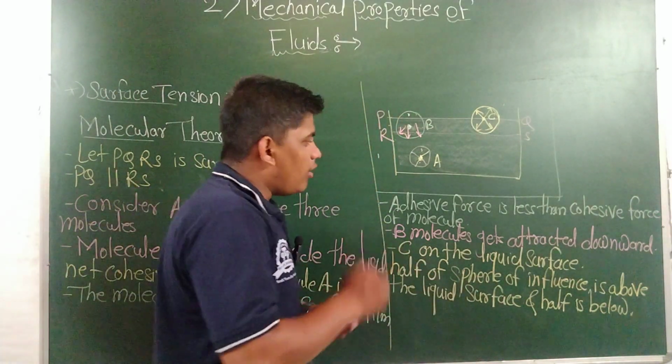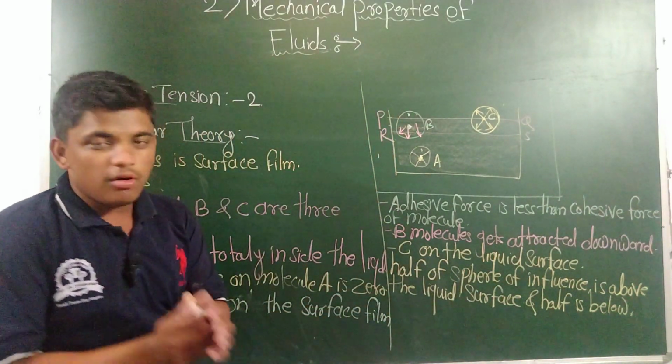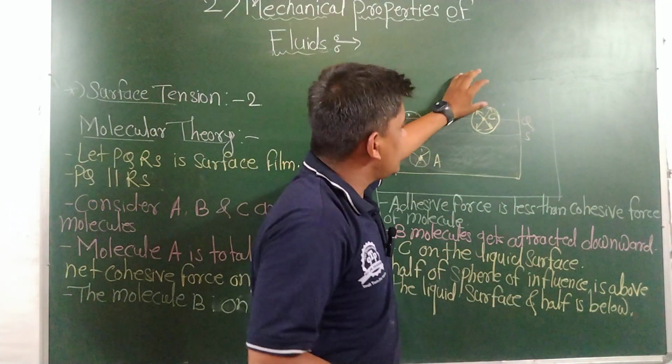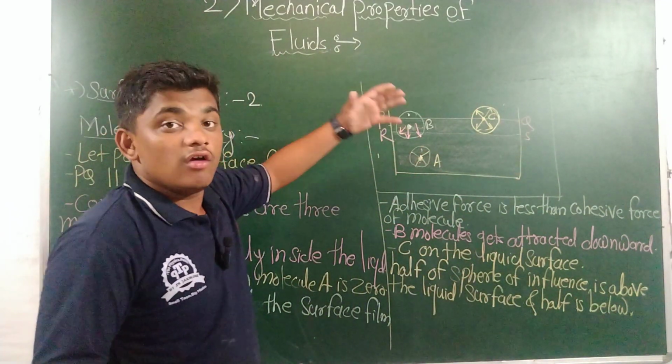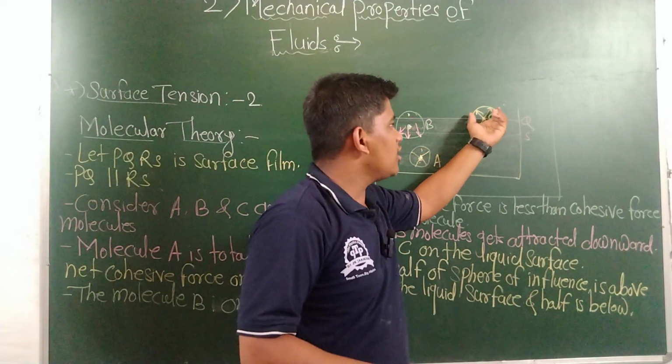Because the number of molecules which are present above the surface of the liquid within the sphere of influence is less as compared to the molecules inside the liquid and within the sphere of influence.